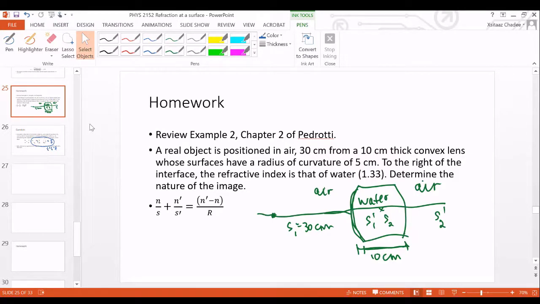And you'll see that the matrix methods are a little bit easier than this particular method. So essentially we're going to be building on every consecutive lesson.